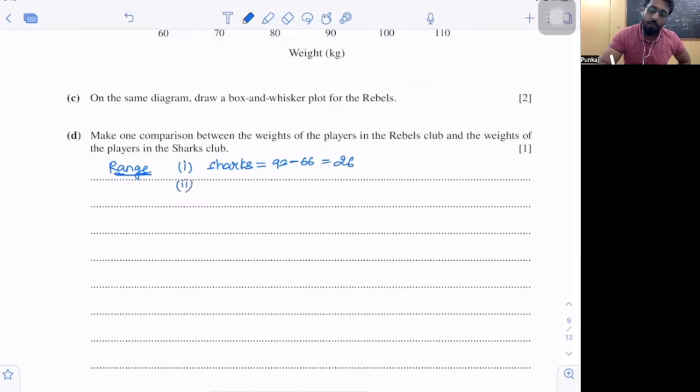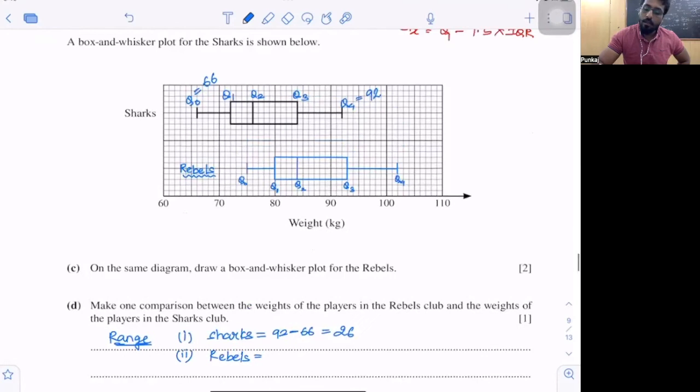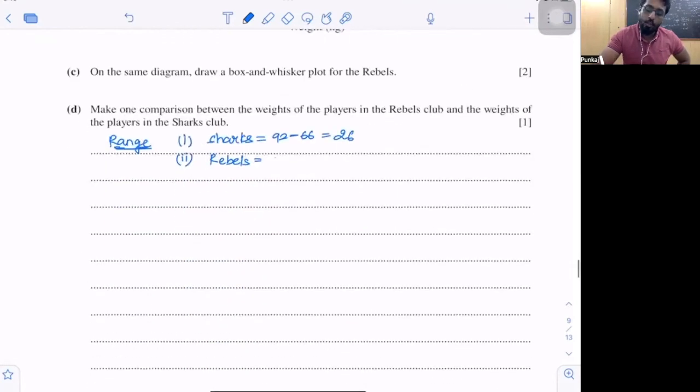And for the Rebels, it's what? 102, and it was 75. So 102 minus 75. So let's quickly get that value also. 102 minus 75. So that's 27. So that's the range. That's the first comparison that you can do.